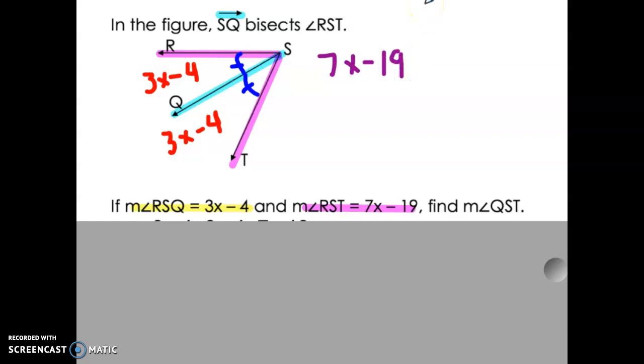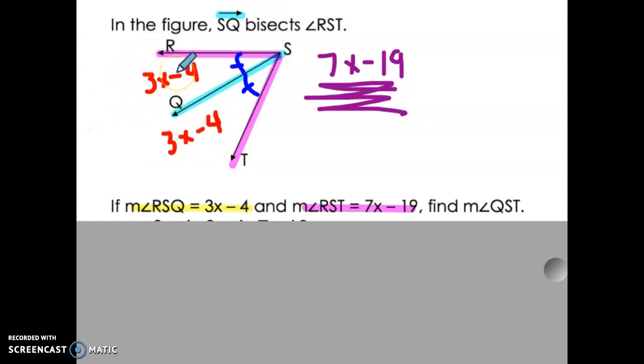Now we can work towards finding the measure of angle QST. Before we can figure that out, we need to figure out what x is. What is the value of x that we can substitute in this expression, 7x minus 19? So to figure that out, we're going to use the angle addition postulate.